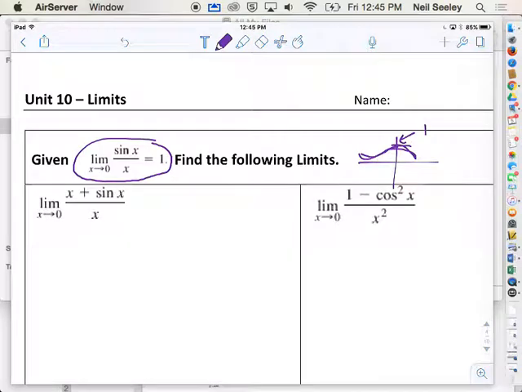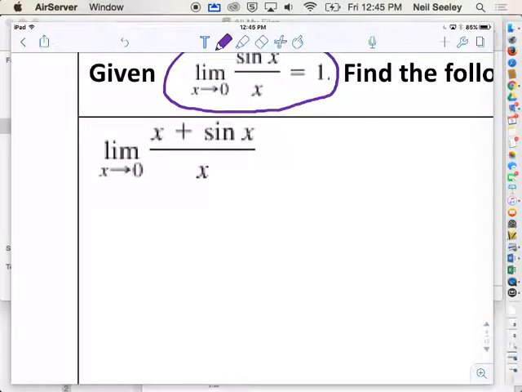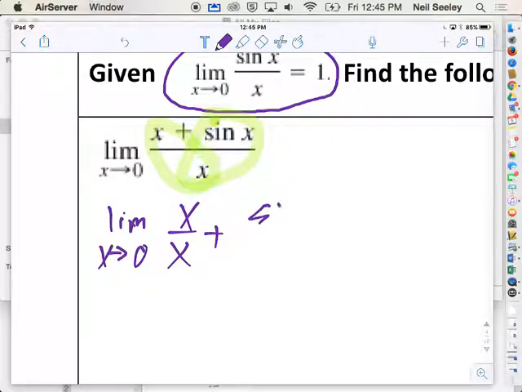Now this is what that limit algebra was on that previous page. It says, do all the algebra you want with the expression you have. Now, don't lose all your algebra chops. Look at this. Remember that? If you're dividing two numbers by x, you can split it. That's a thing. The limit as x approaches 0. Do your algebra stuff. Make it x over x and sine of x over x.